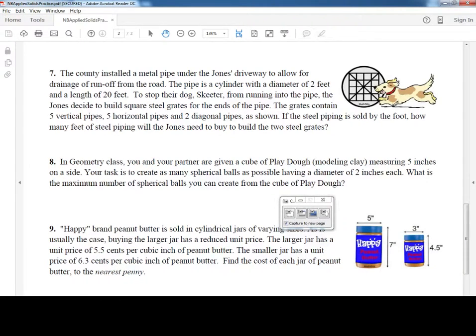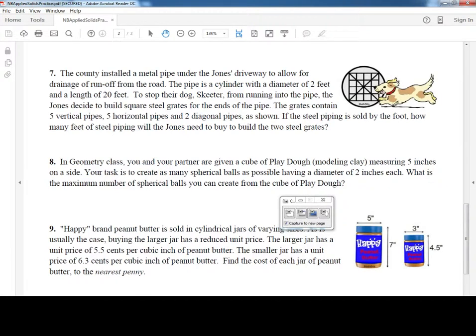To stop their dog Skeeter from running into the pipe, the Jones decided to build a square steel grate for the ends of the pipe. The grate contains 5 vertical pipes, 5 horizontal pipes, and 2 diagonal pipes, as shown. If the steel piping is sold by the foot, how many feet of steel piping do the Jones need to buy to build the 2 steel grates?